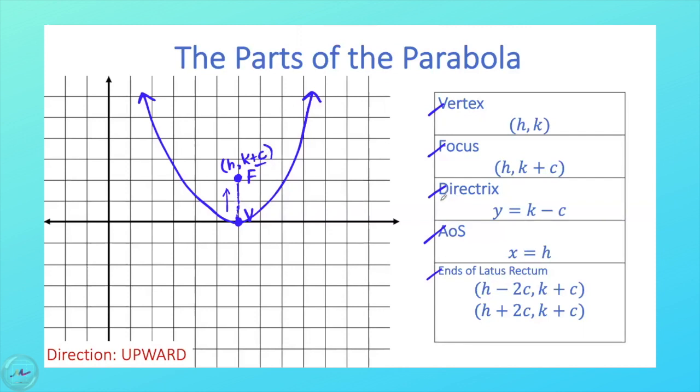Another thing that you may be asked is the directrix. The directrix is the same distance from the vertex as the focus. So this is one of the points of the directrix, and let me just trace this as straight as I can. This line refers to the directrix, and you may ask, why does it have this equation? Since you have this distance, this point actually refers to h, k minus c.